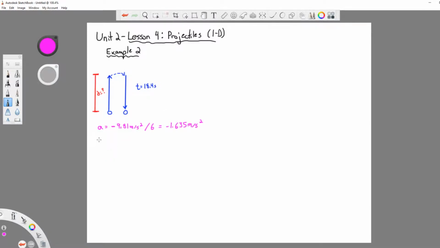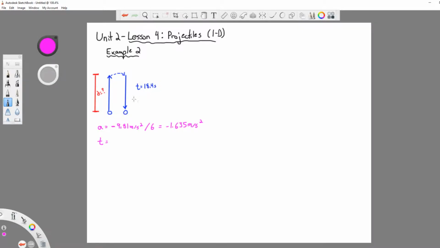Okay, our time. Similar to example 1, we're going to assume that the time it takes for it to go up is the same as the time it takes for it to go down. There's some symmetry here. So this value of 18.4 seconds, if we're just looking for the upward displacement, is only going to be half that time to go up and then the other half to come back down.